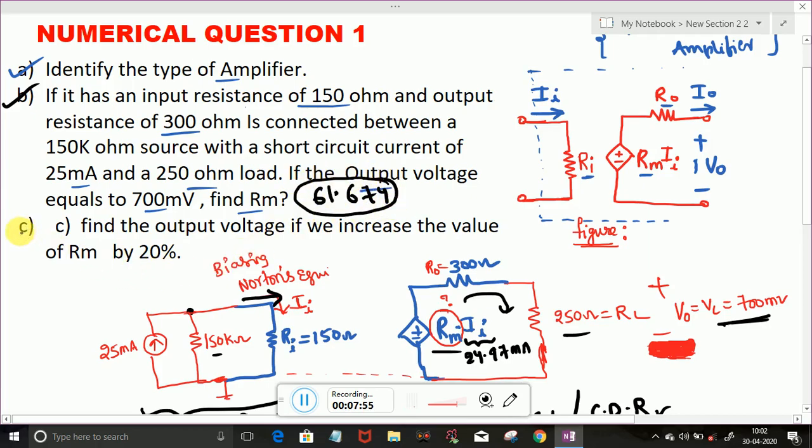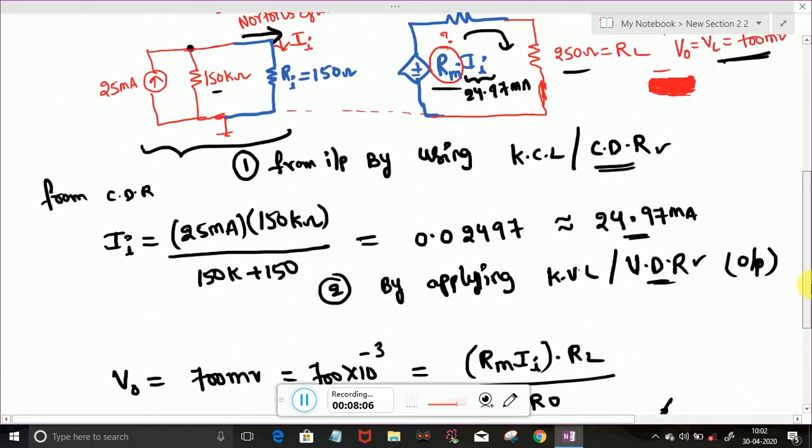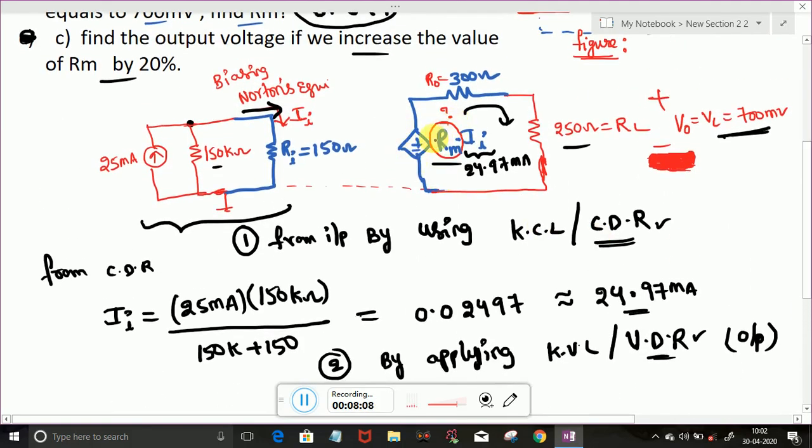Now the third question is, find the output voltage if we increase the value of Rm by 20%. It is given that the Rm value is increased by 20%.